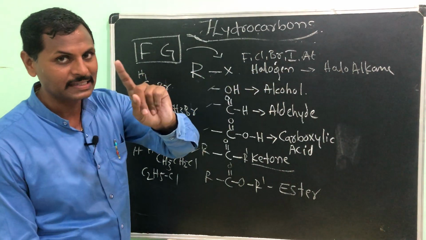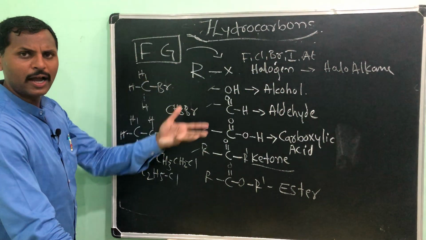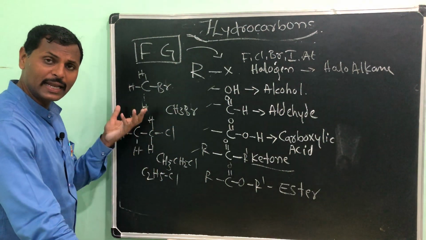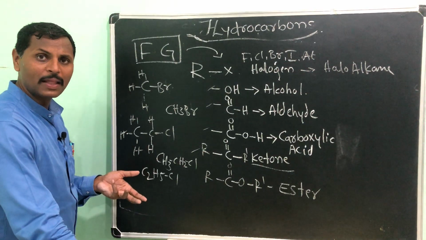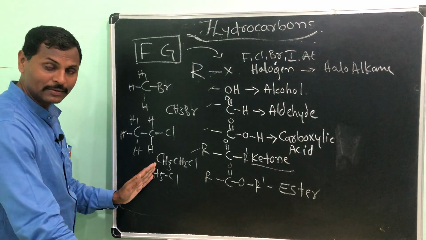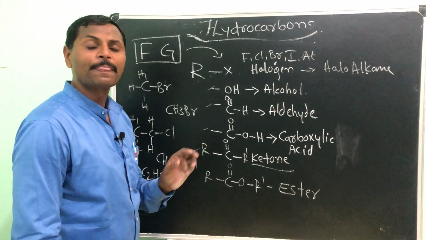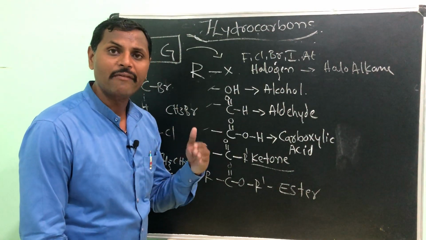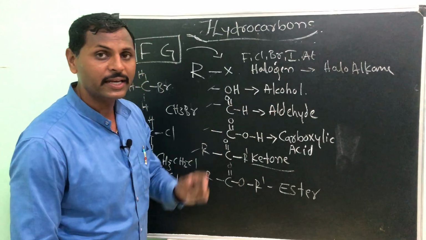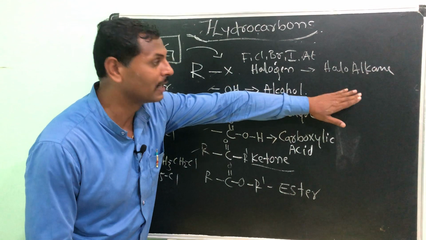Leave the astatine as it is the radioactive element. Simply take bromine, fluorine, chlorine, iodine to any hydrocarbons, and name them like this: bromomethane, chloroethane. Always while naming the compounds which have the functional groups, especially the halogens, you have to take the halogen's name first. That's why I have written here haloalkanes.